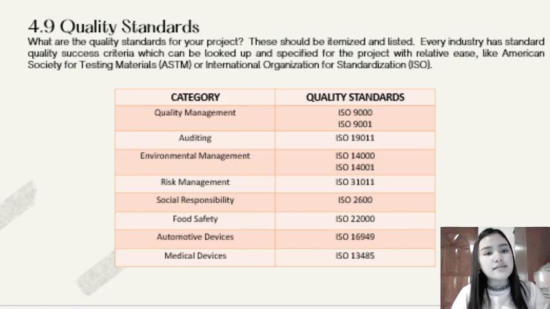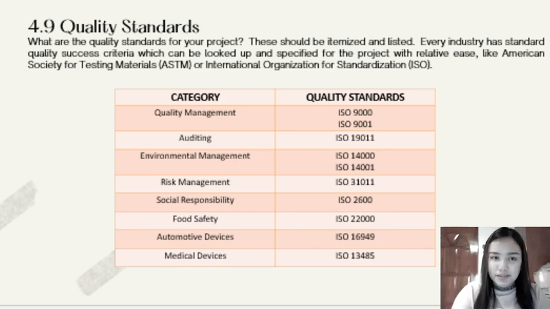So, kunwari guys, ang inyong project is food. So, ayan, kailangan ISO certified kayo on food safety, right? Pag ang project nyo has something to do with donation drives, so saan dyan? Anong category dyan? Social responsibility, right?